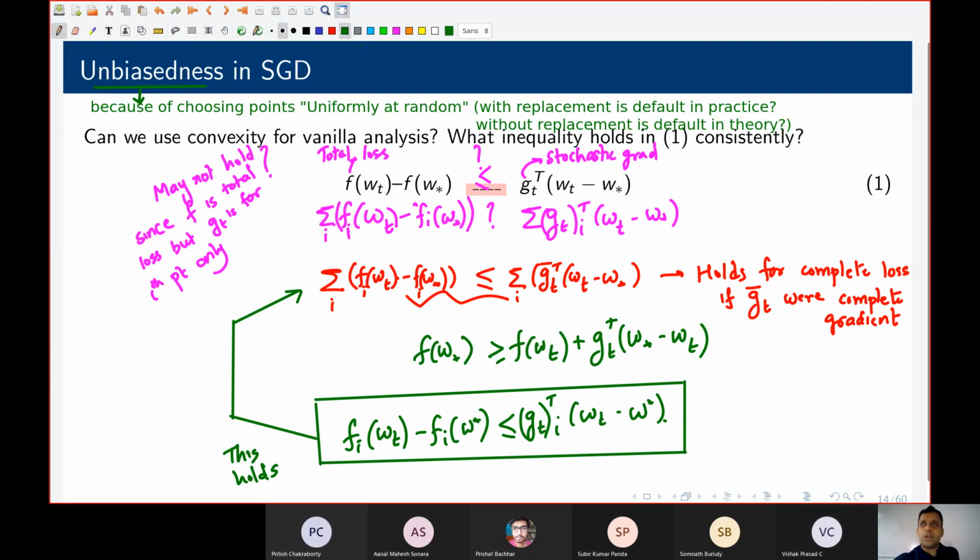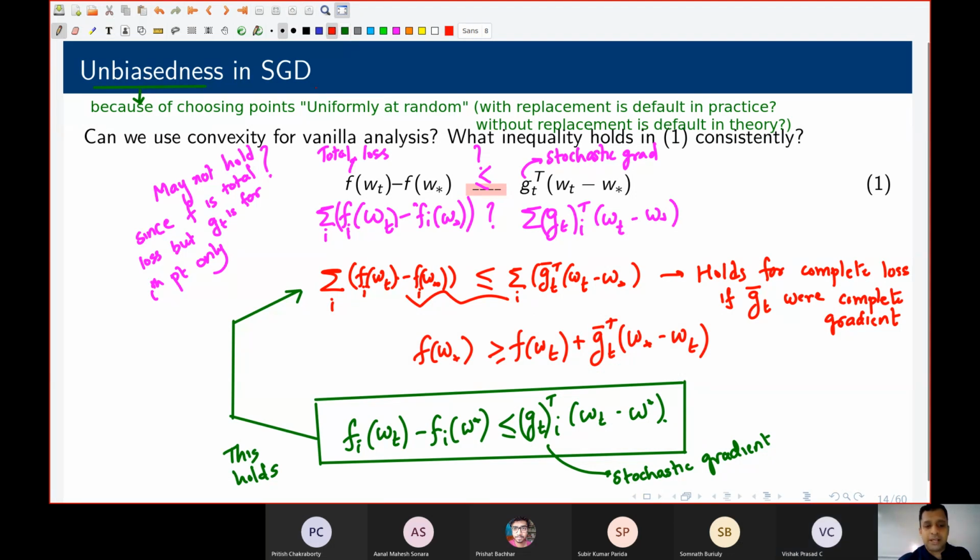Yeah, in the green, we still are talking about stochastic gradient. This is still stochastic gradient, but then the function is also on that point only. Okay, so if you want, I'll put this in red.